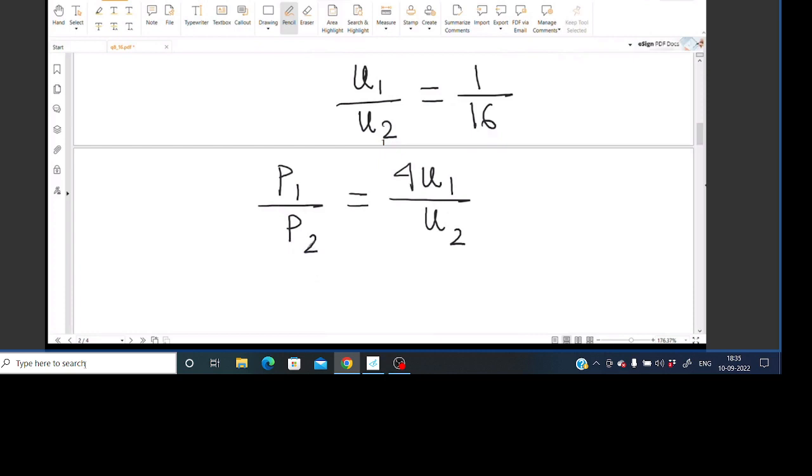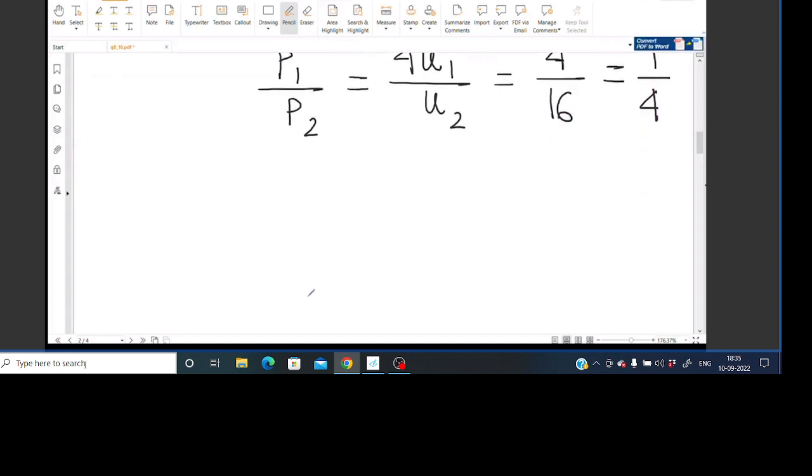We have found before that P1 by P2 is equal to 4 into U1 by U2. Replacing U1 by U2 by 1 over 16 in this expression, we get P1 by P2 is equal to 4 by 16 or 1 by 4.